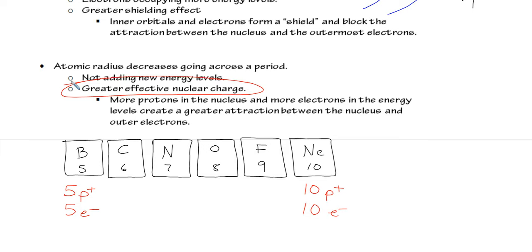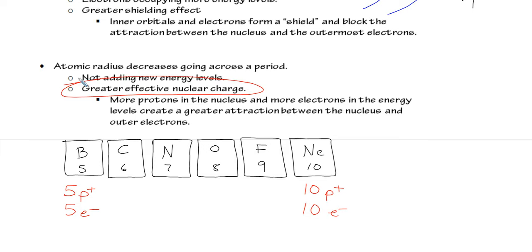Okay, so here's one thing that's important. As I go across, I'm not adding an energy level. We're just filling the existing energy level. So for example, these are all elements that are filling the second energy level. I'm filling the 2p orbitals. I'm not adding any new energy levels, which is one thing that would make atoms bigger.